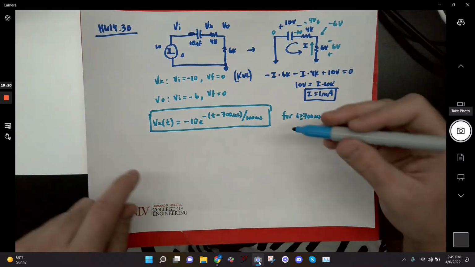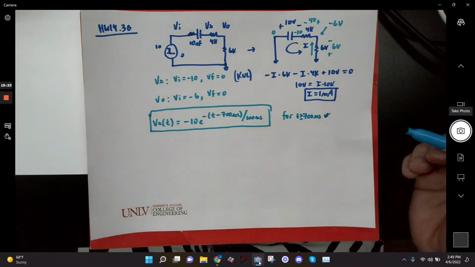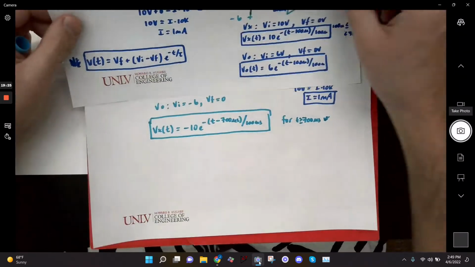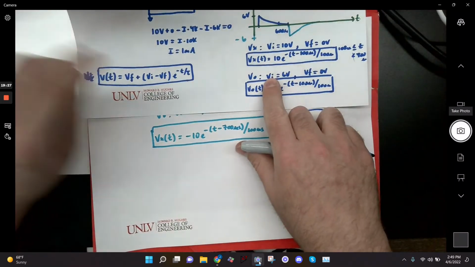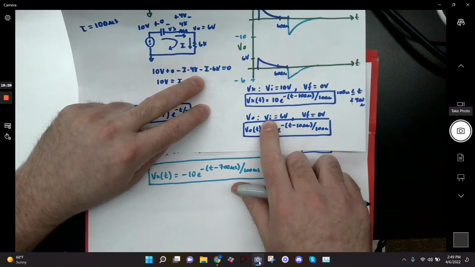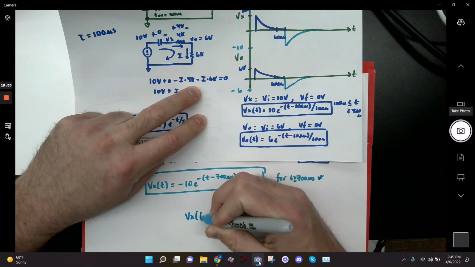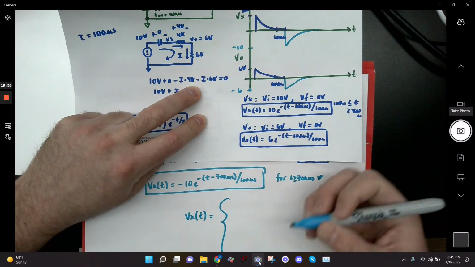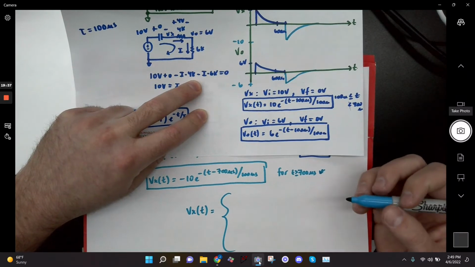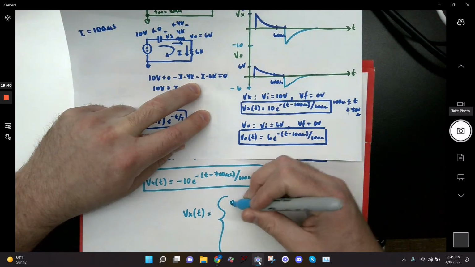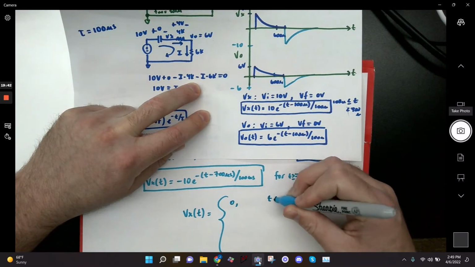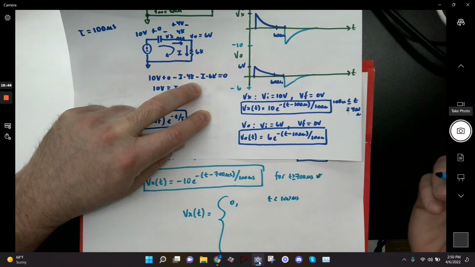Okay, so if I were going to write a piecewise equation for Vx, I've got 3 segments, right? Let me put them on the screen. So if I wanted to write a full-blown equation for Vx of t, I would basically say Vx of t is 0 for t less than 100 microseconds, right?